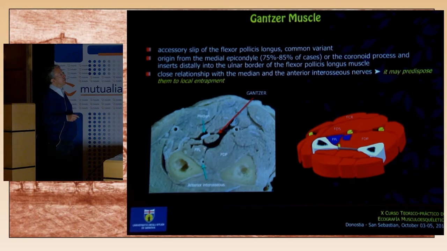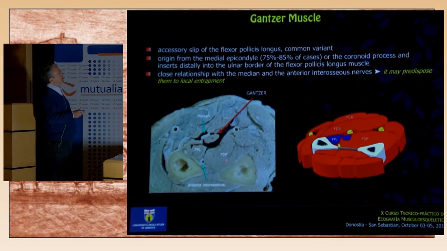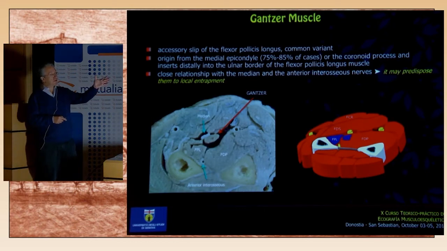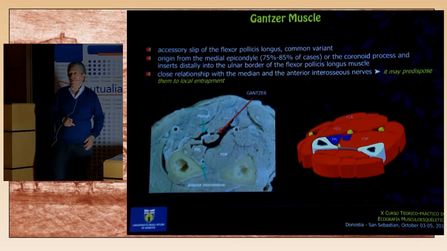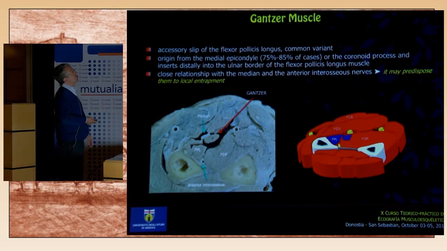In some instances, as we saw yesterday in a demonstration in the room upstairs, you can see a small bundle here that is an accessory, the Ganser muscle, part of the flexor pollicis longus, and if you ask the patient to flex and extend the interphalangeal joint of the thumb, you can see this muscle moving. And when this muscle is not small but relatively big, it is believed to predispose the nerve to local entrapment.